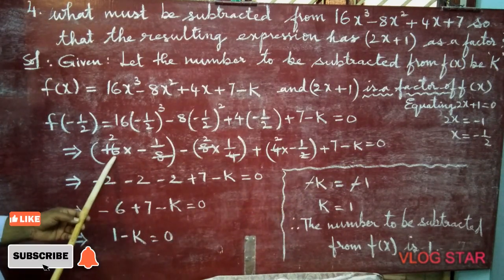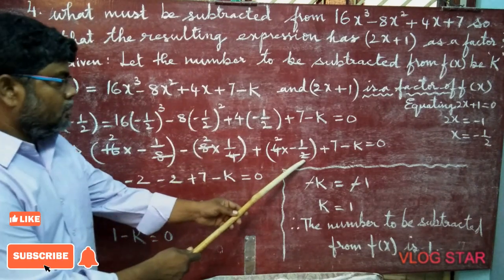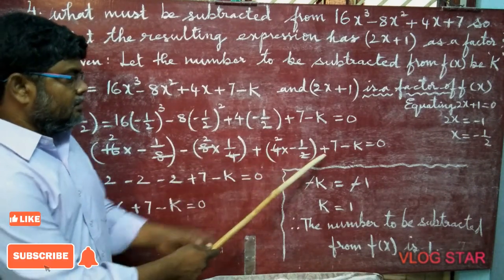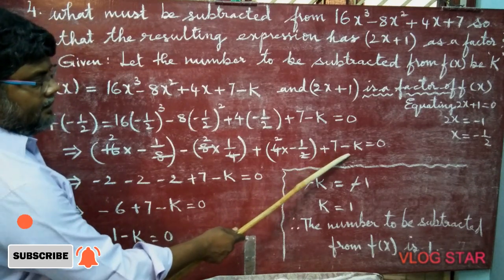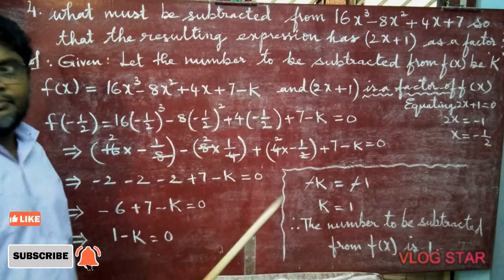Now 8 goes in 16 2 times, 4 goes in 8 2 times, 2 goes in 4 2 times.